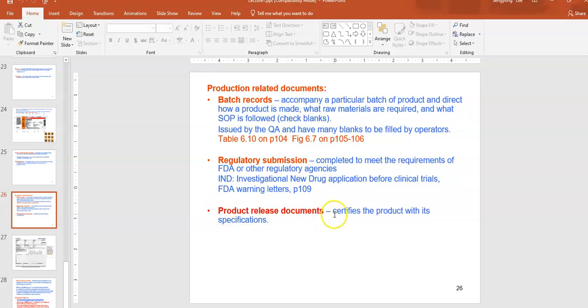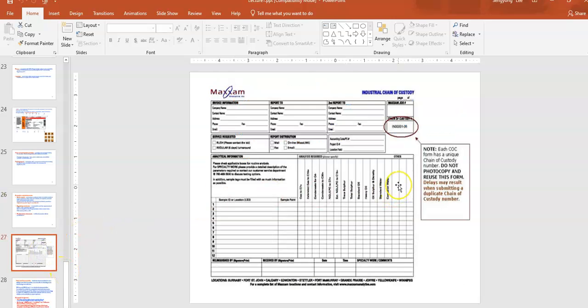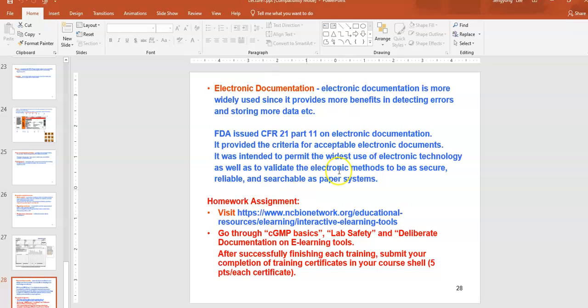And product release documents, of course, will certify that the product is safe and it meets the specification. Now, many of the documents and documentation are used in electronic format, so electronic documentation is becoming more and more important. There's an FDA addition in the CFR, Code of Federal Regulations, 21 Part 11 on electronic documentation.